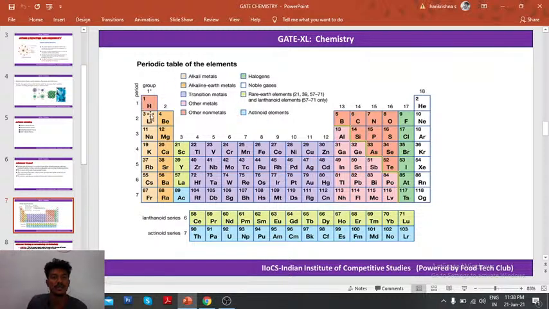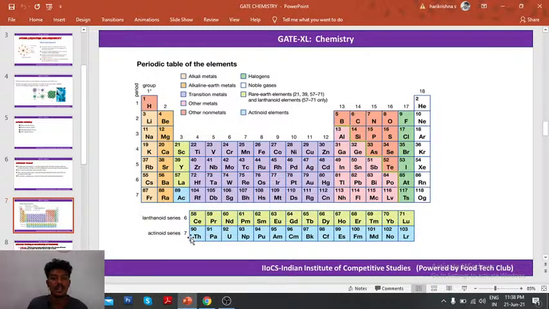The first group is the alkali metals, the next is the alkaline earth metals, and next these are all transition metals. Then this rare earth 21, 39, 57 and 71, all those are transition metal elements.